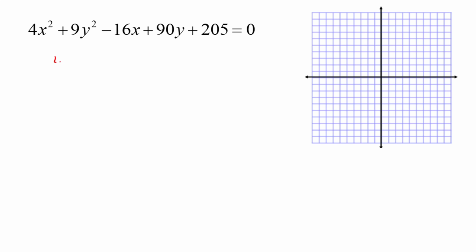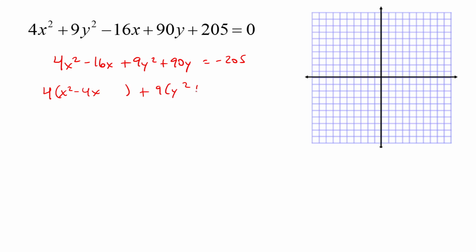Okay, so rearranging. I'll go faster now. You can do this all in one step. Some of you may just skip right ahead to pulling out the number, and that's fine. Just again, leave yourself some room so you can complete the square.